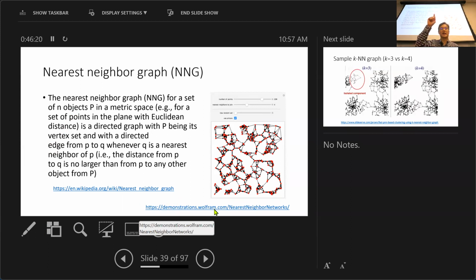So you have to decide the value of k. If k equals 3, then you find the nearest neighbors for each point. There are 3 nearest neighbors. If you increase k, you probably create a different network.